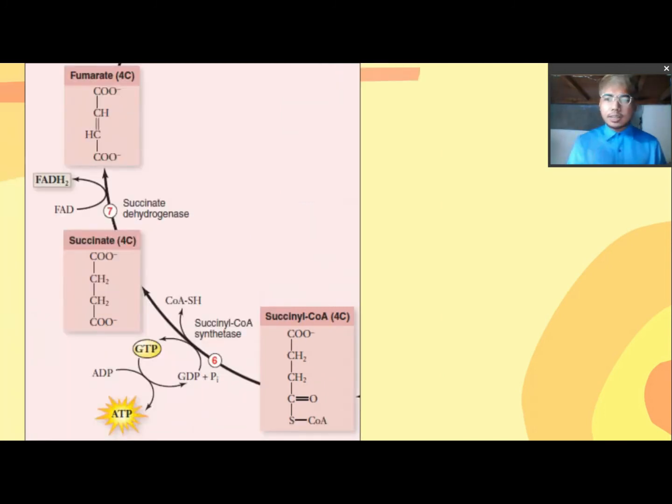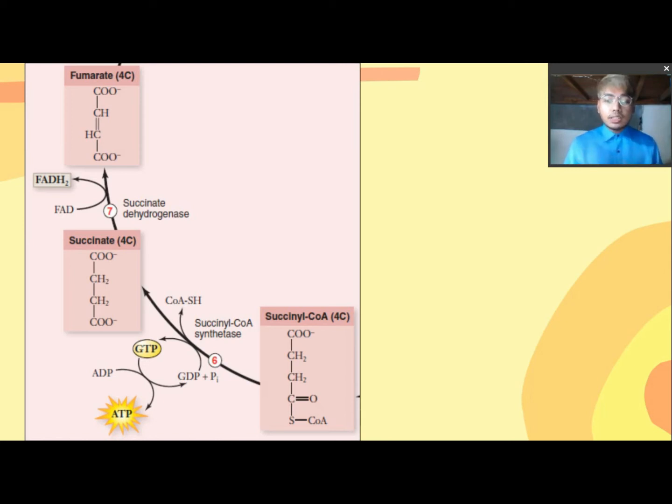Now for the next step, the succinyl coenzyme A will interact with the succinyl coenzyme A synthetase to have the reaction known as substrate level phosphorylation. From the name itself, the substrate level phosphorylation will utilize an intermediate of adenosine triphosphate known as guanosine triphosphate and guanosine diphosphate, or GTP or GDP.